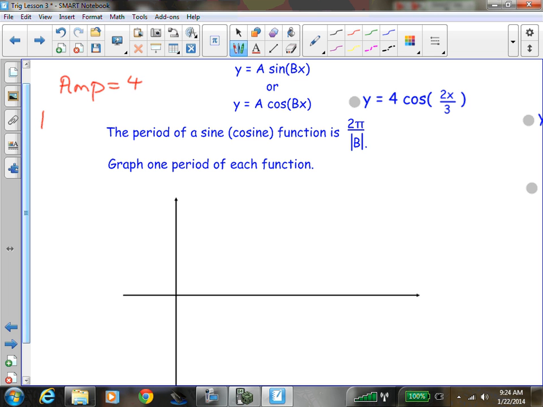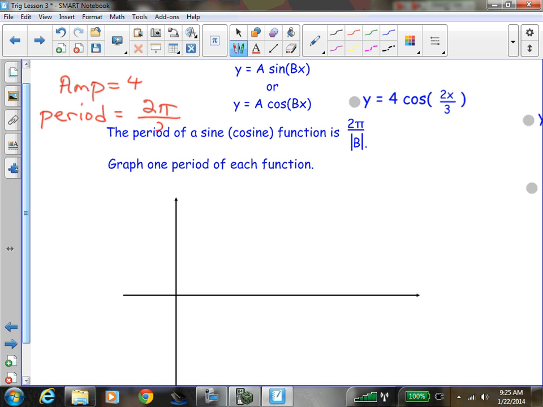Now to get the period, we're going to do 2 pi divided by, and what's our b value here? The b value is 2/3, because this is 2/3 x.